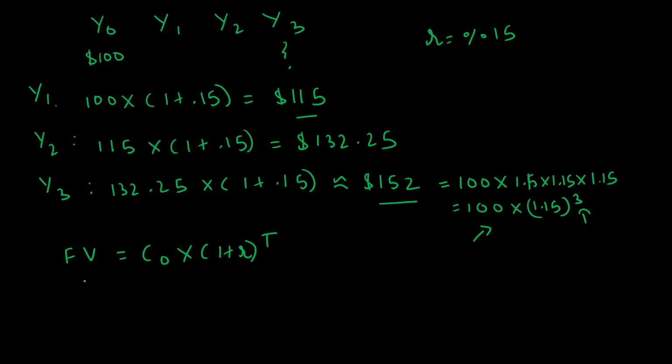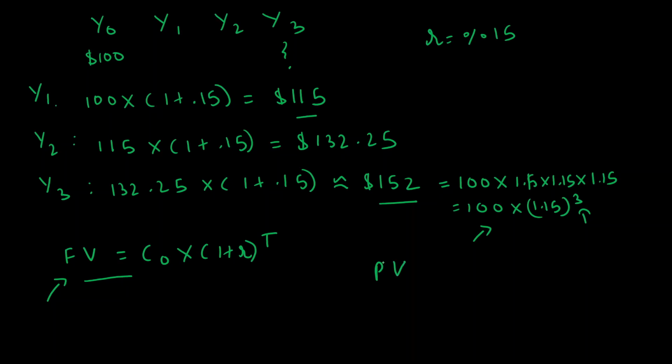Now we have a future value of an investment. From this we can calculate the present value of investment as well, very similar to what we did in the single period case. Over here you will be given the future value, and C0 is what you need to find, because again C0 is the value you are investing in period 0, and that is the present. So that is the present value we need to find, and I'm going to call this C0 PV now, and that becomes the subject.